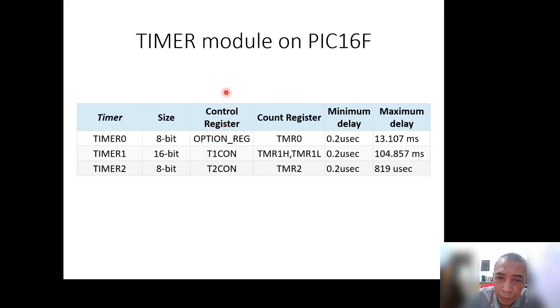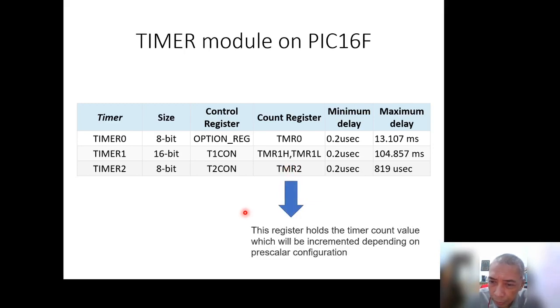And this is the control register. The other is the count register itself. It holds the timer count value, which will be incremented depending on the prescaler configuration. This is 8-bit because the second timer is 16-bit, so it needs two count registers. For timer 1, there are TMR1H and TMR1L, high and low.